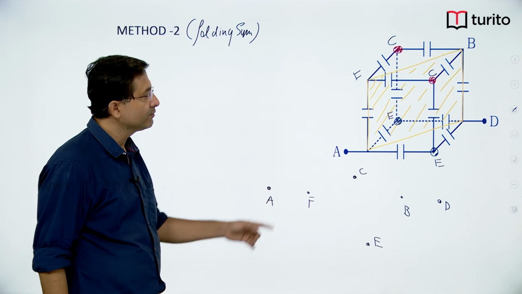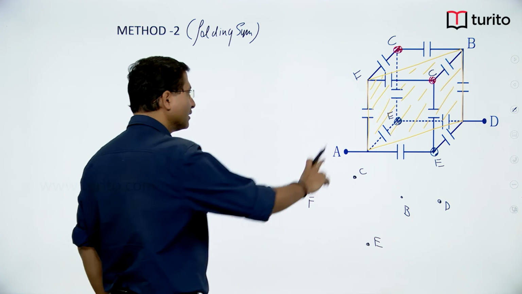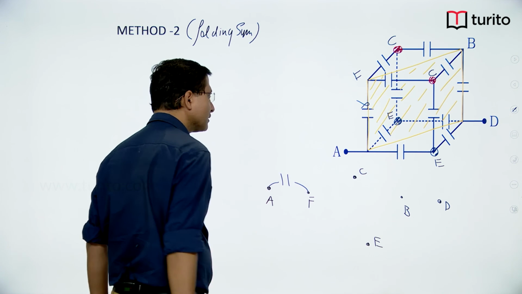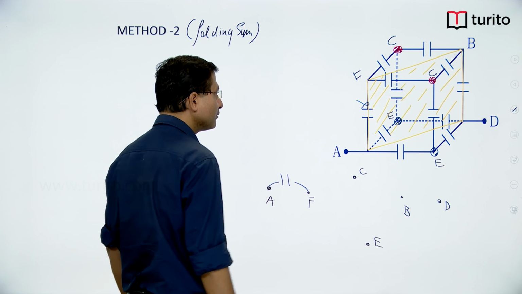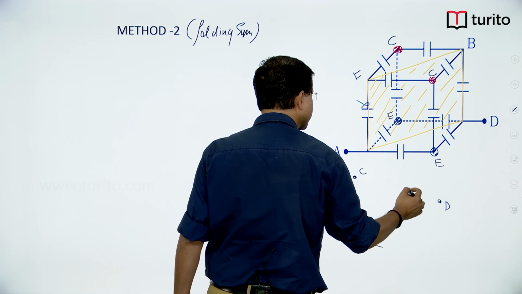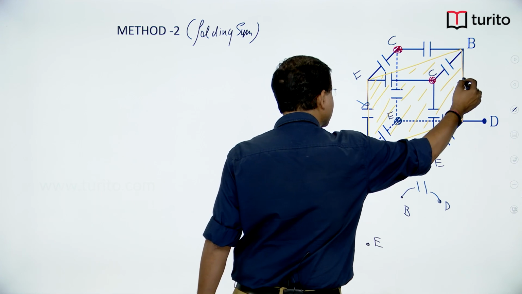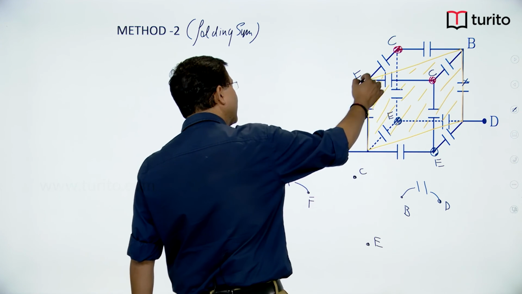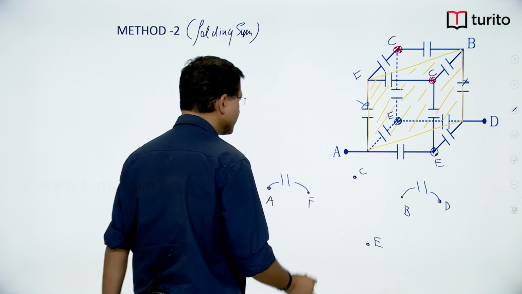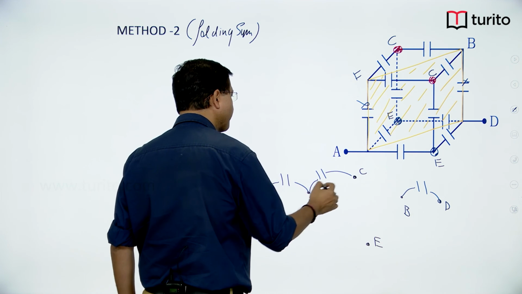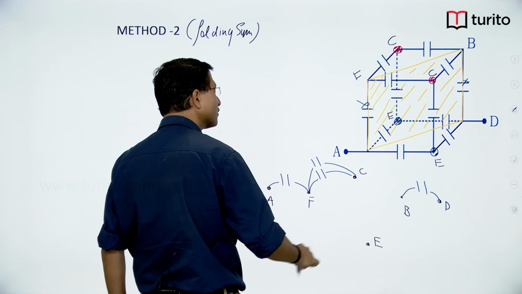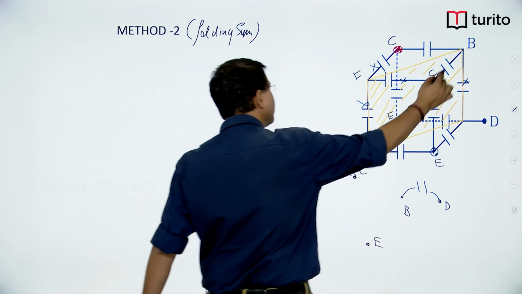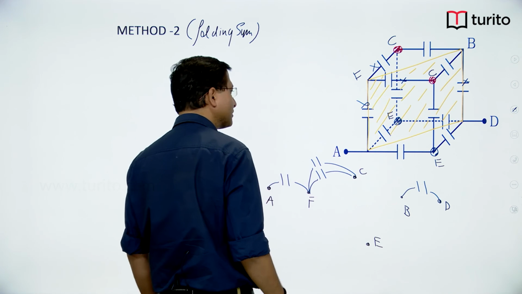Between AF I can see this capacitor, this one is over. Similarly, between DB there is one capacitor, so this one is over. Between F and C there are two capacitors, so this and this are over. Between B and C there are two capacitors.